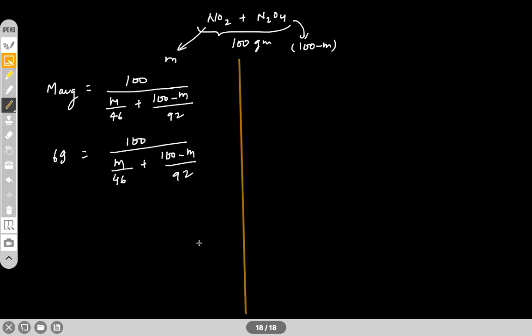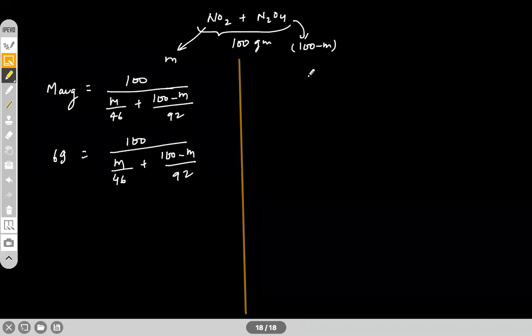Is it clear? Any doubt in this? Right. Correct, correct. Answer is correct. But I won't suggest you to do this question by this method here, because in this you have some calculation.